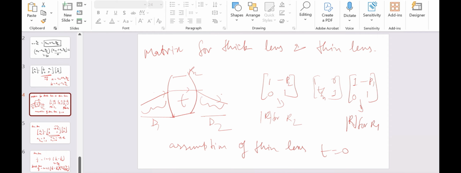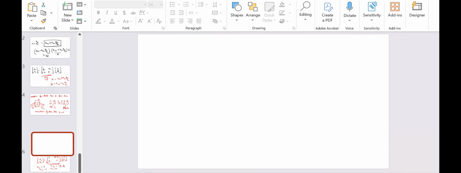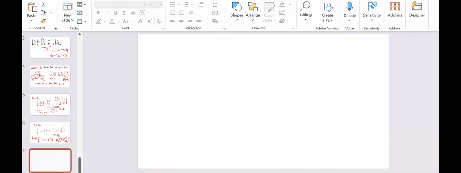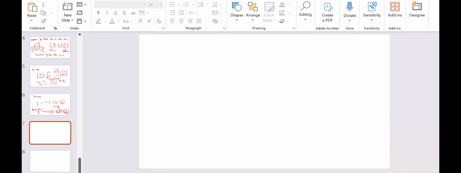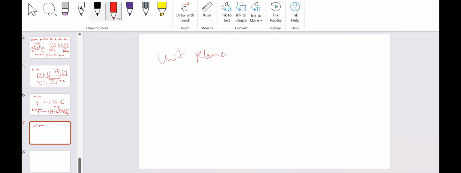Now we go into unit plane and nodal plane concept. So what is the unit plane?